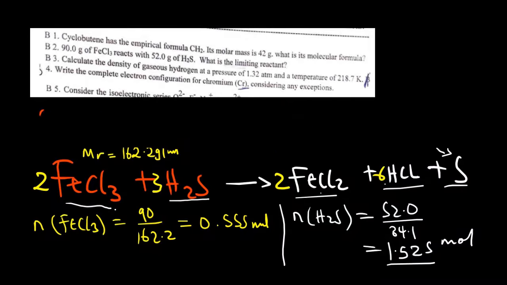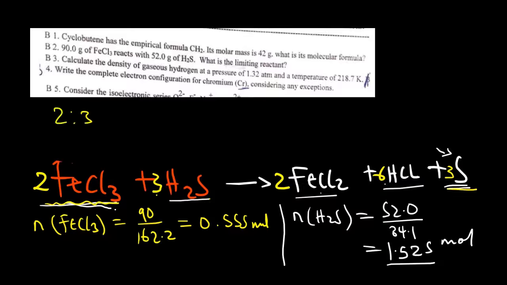From the balanced chemical equation, we see that the molar ratio of iron 3 chloride to sulfur... I forgot to put a 3 on the sulfur because it's not balanced like this. I forgot to put a 3 here because we had 3 sulfur. All right, so the molar ratio of iron 3 chloride to sulfur will just be 2 to 3.